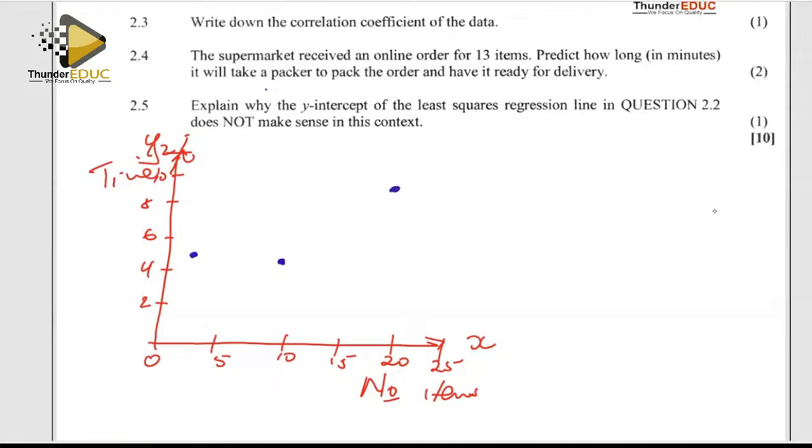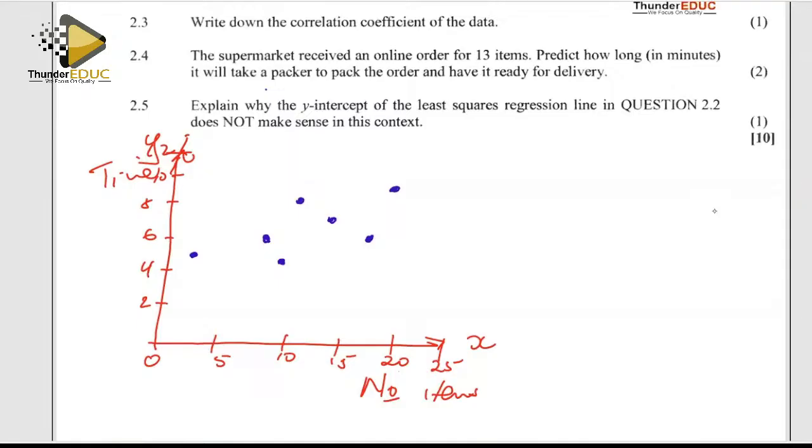Then 14 is with 7. 14 is there, 7 is slightly between 6 and 8. And then 17 and 6. 17 is somewhere there, 6 is somewhere here. And then 9 and 6. 9 is there, 6 is somewhere there. Then 12 and 8. So 12 could be here, and then 8 should be somewhere there.